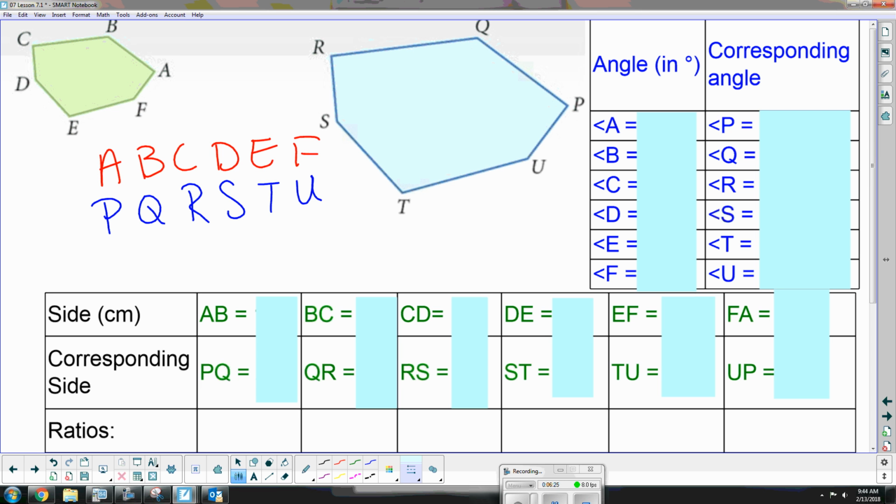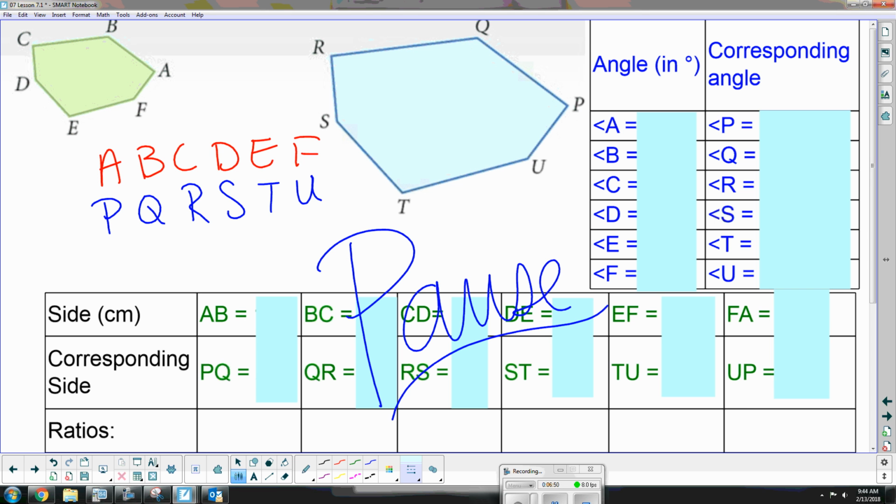Then, after you've measured each angle and each corresponding angle, do the same with the sides. So each side, side AB, BC, CD, DE, EF, and FA, and all the corresponding sides. You can pause the video while you work, and unpause for the solution.